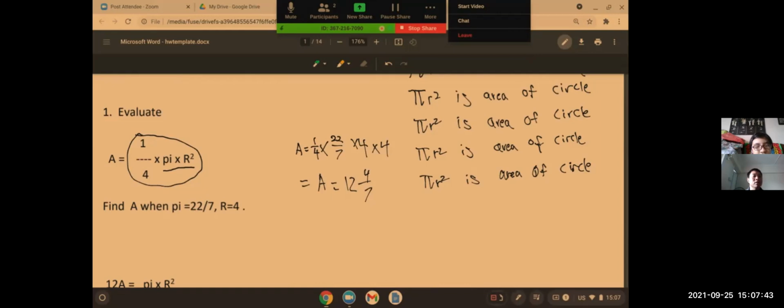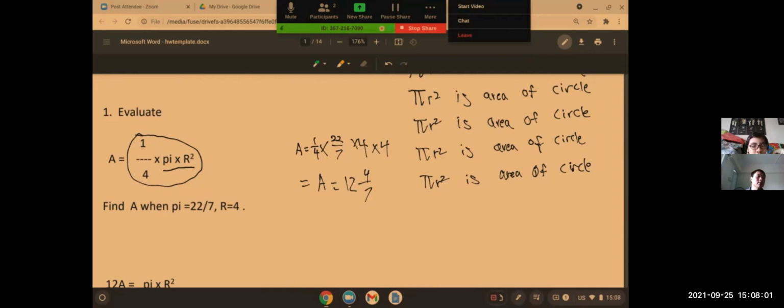Because the fraction here is 1/4. Then what if I change 1/4 to half? Then you're trying to find the area of the semicircle. Very good. If it's half, pi r squared is half circle, semicircle.